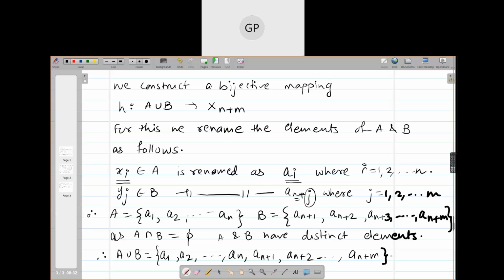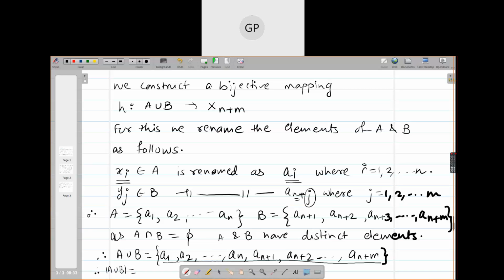So what will be the cardinality of A union B? How many elements does A union B contain?